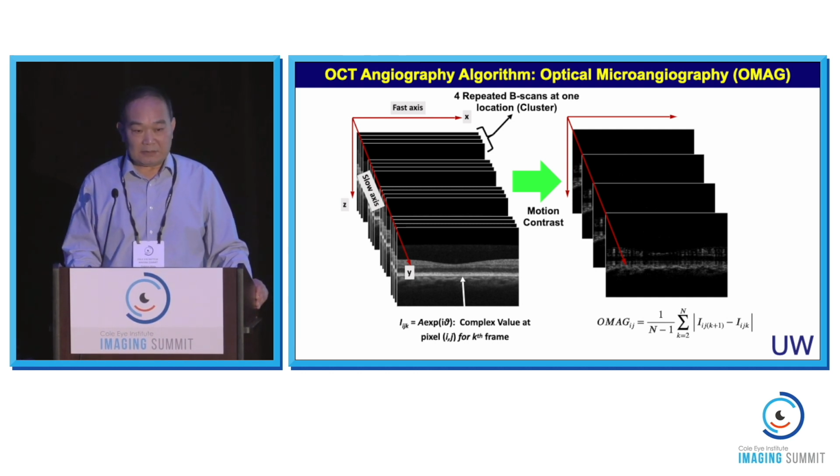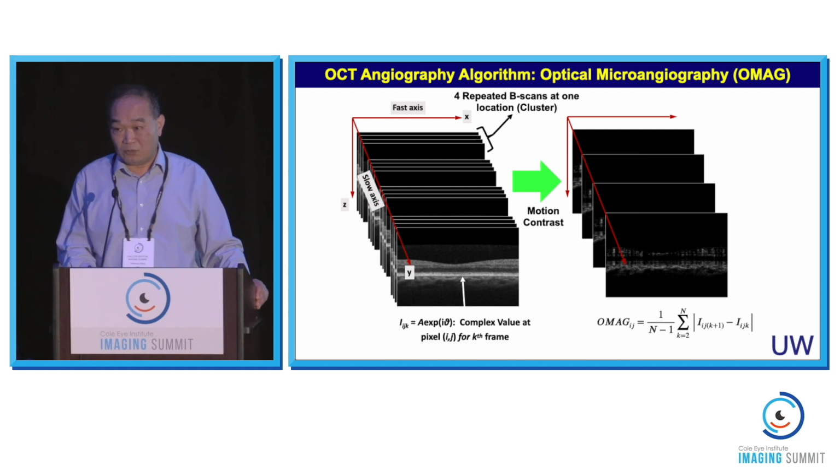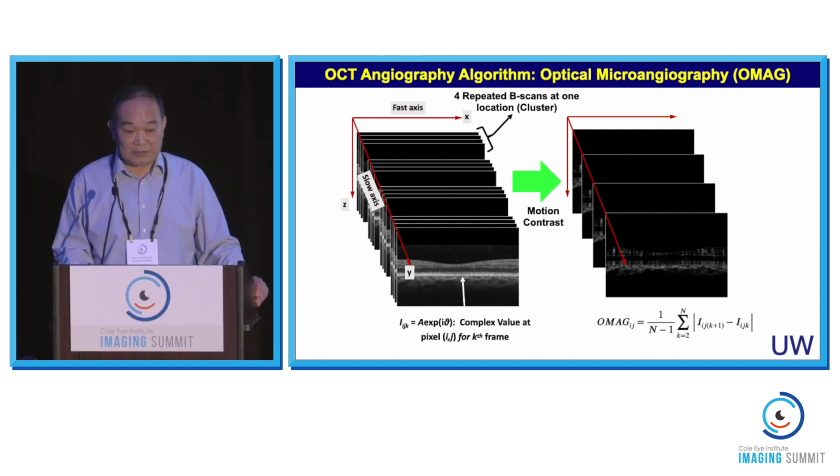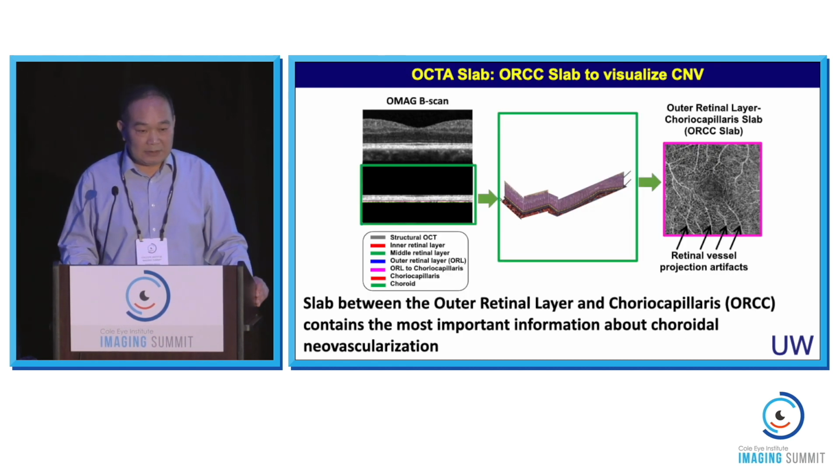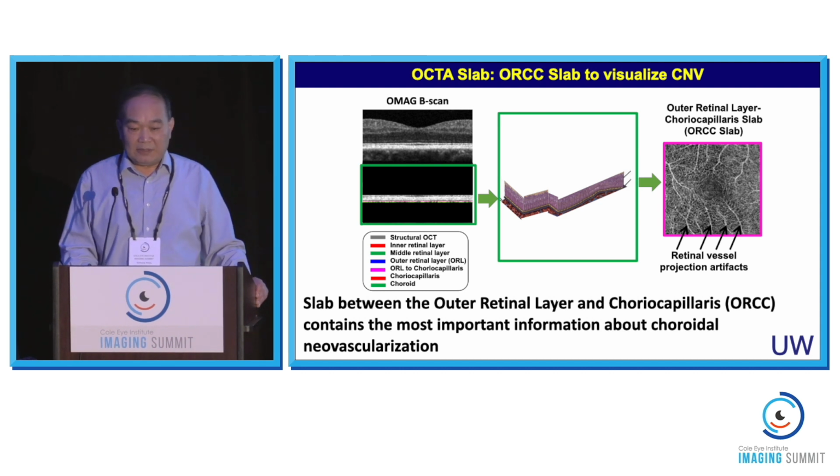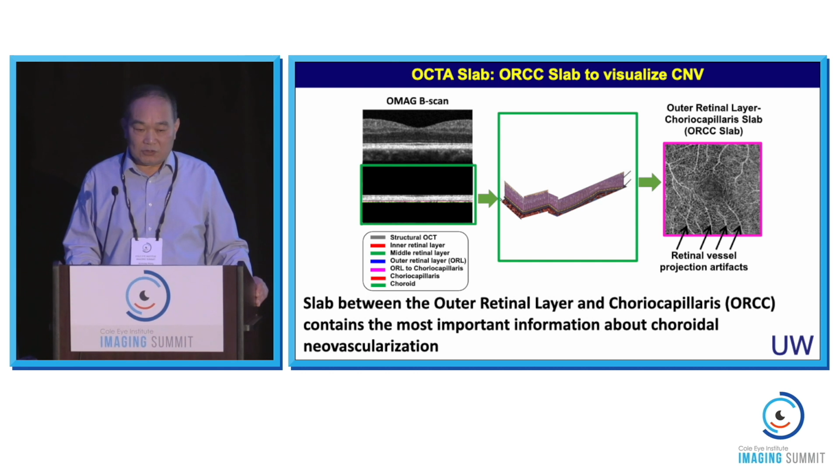And for OCTA to work, unlike OCT imaging, OCTA requires repeated scans at the same B-scan locations. This repeated scan collapses into one OCTA image, typically 2 repeats or 4 repeats in commercial systems. And to visualize the CNV, the best slab is the slab between the outer retinal layer to choroid capillaries.